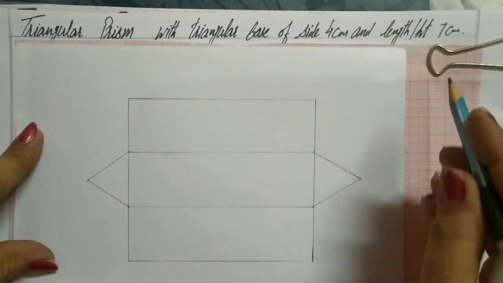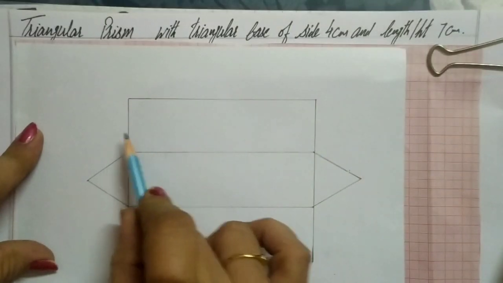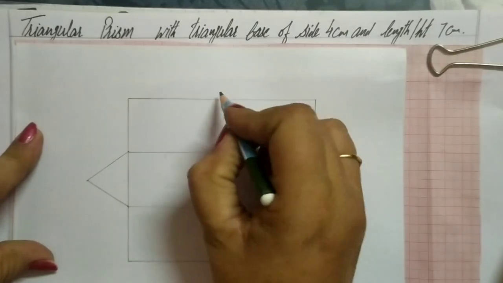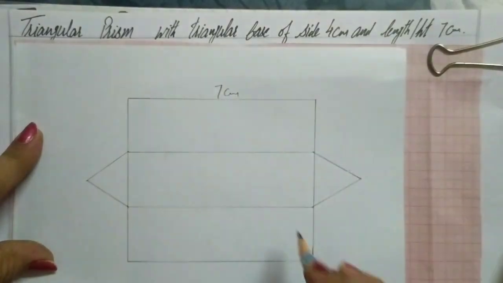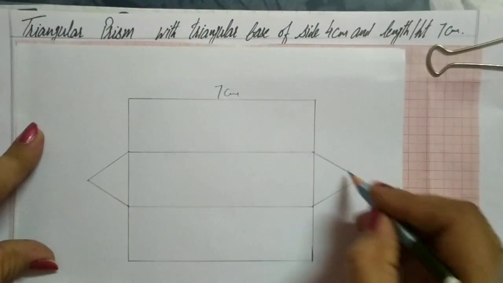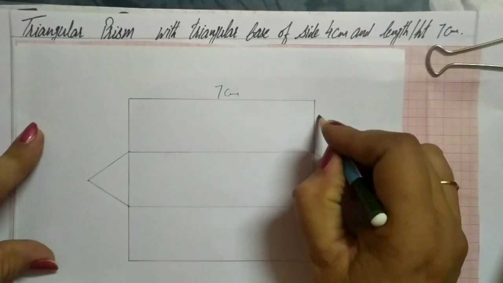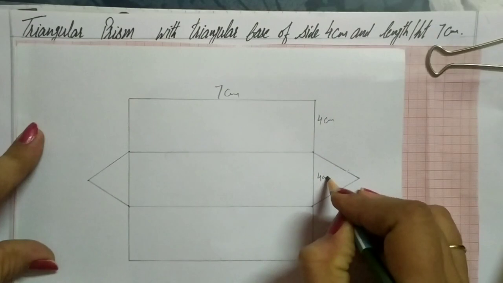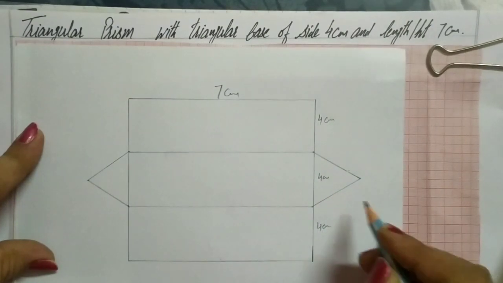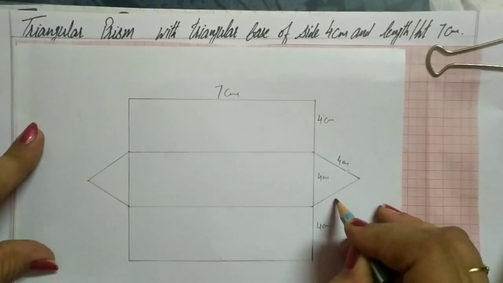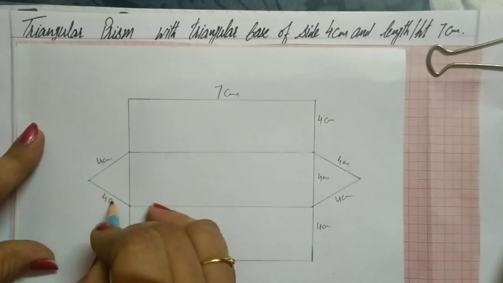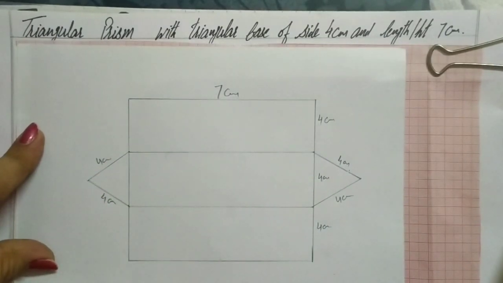Because it's a triangular prism, it will have 3 rectangular faces, that is 7 cm by, because the triangular part is of 4 cm, so width of this part will be 4 cm and 4 cm. Then each side of the triangular part will also be 4 cm. So this is the rough sketch of the triangular prism.